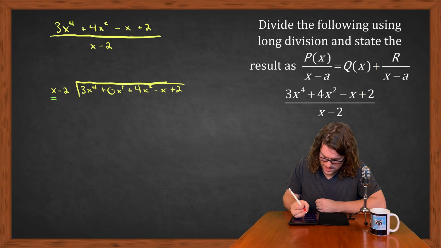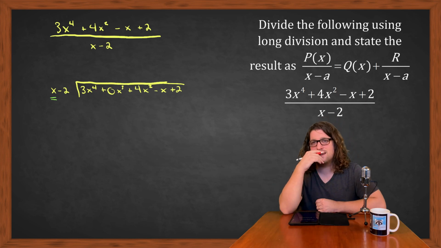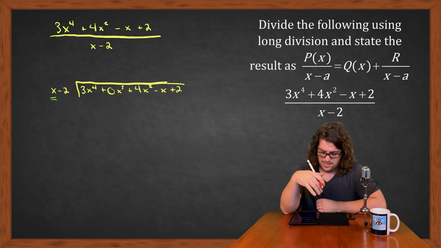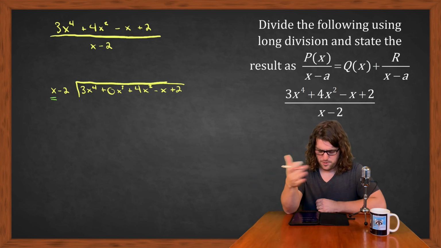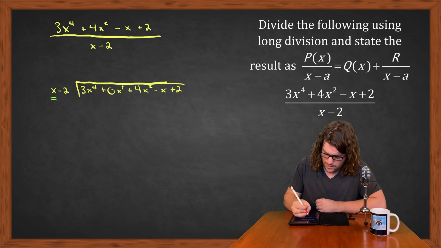So in this case, it's entirely up to you where you want to put what's going to go into the quotient. You could line it up so it lines up with the cubes. You could go all the way and put it right over at the first spot, which is with the fourth powers. I think I'm going to line it up with my cubes this time. So in this case, we get 3x cubed.